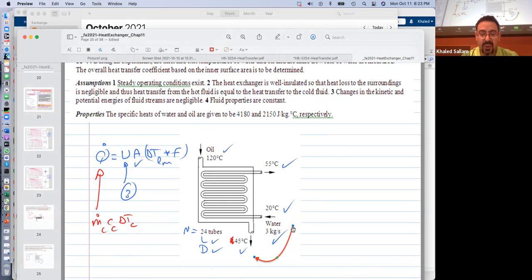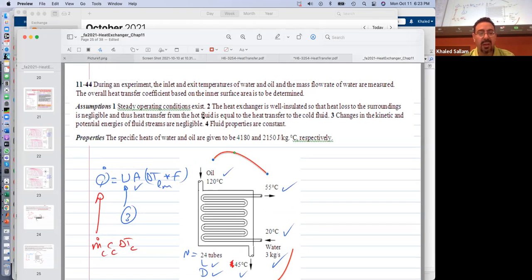And it's okay to call this delta T1 or delta T2, and this is the other delta T. So like when I leave from one place, I put my hand and say, this is the delta T at one side, and the other guy would be the other side. So in this problem, he said the surface area is to be determined. He wanted the area again. No, sorry, he wanted the U in this problem.